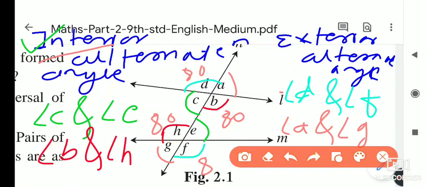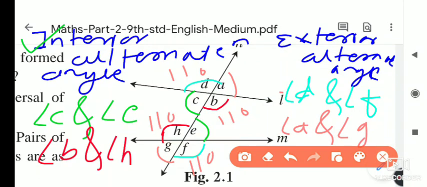If we change the measure of this, suppose D is 110, just now I told you B is also 110, H is also 110, and F's measure is also 110.